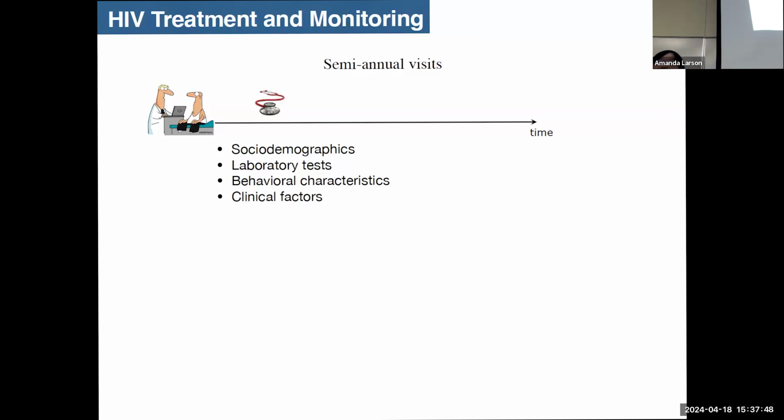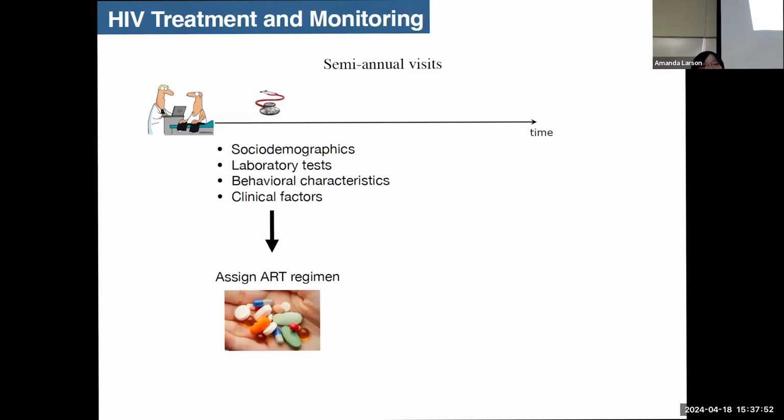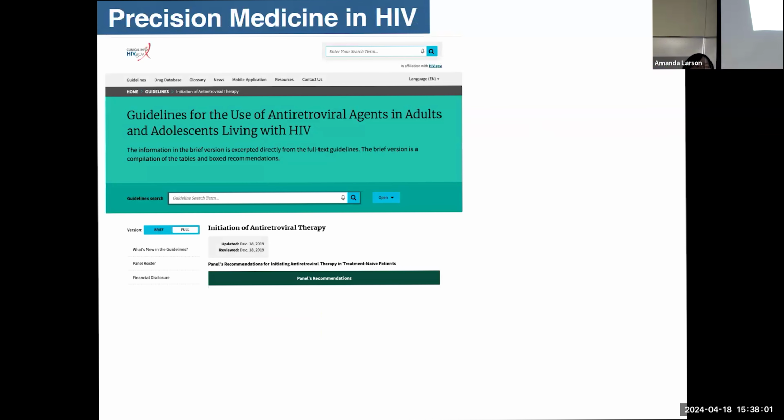All this information will be recorded. After clinicians see this information, they will assign the ART regimen. This process repeats every half year. And for now, the CDC already has certain guidelines.